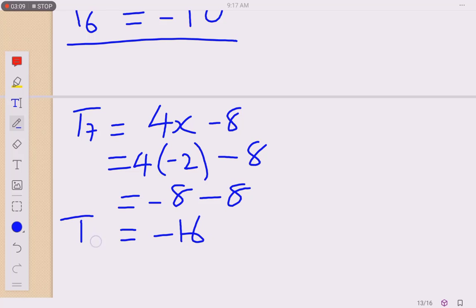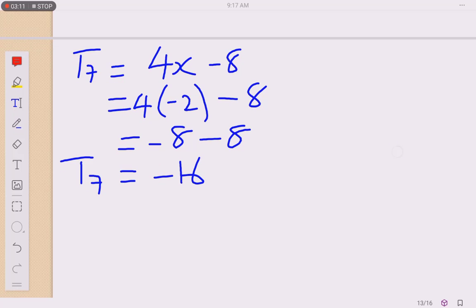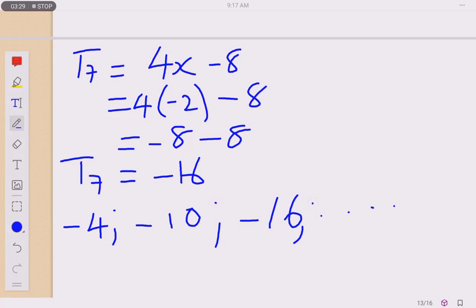So we have got our terms now. We can write the sequence as T5 was minus 4, minus 10, and minus 16. Okay, so this is our sequence now.